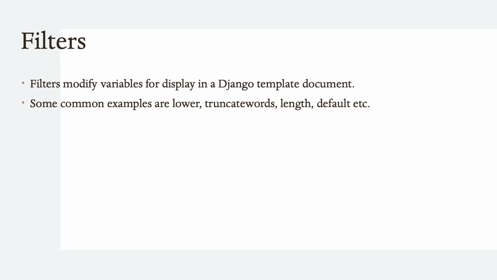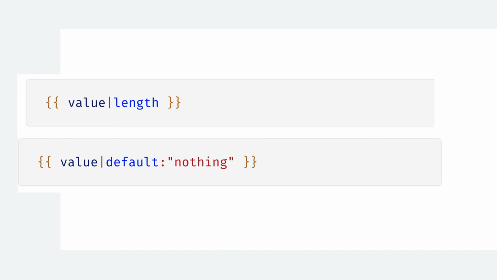We're going to get to use some of them, but it's good to just know that they exist. For example, the length filter returns the length of that variable. The default filter just says, in case this variable is empty, show this default value there. And that's what it does.